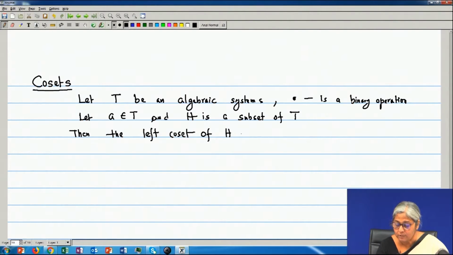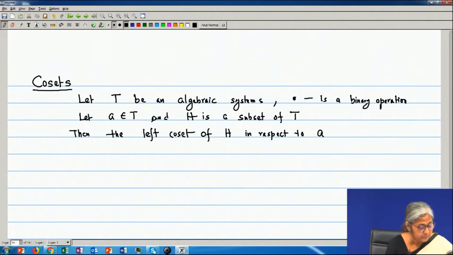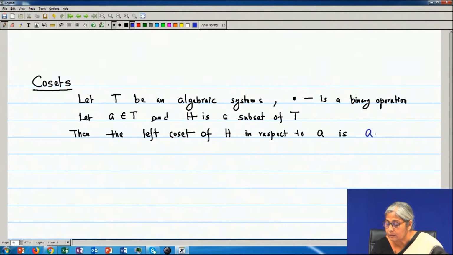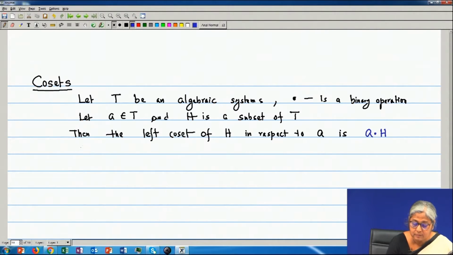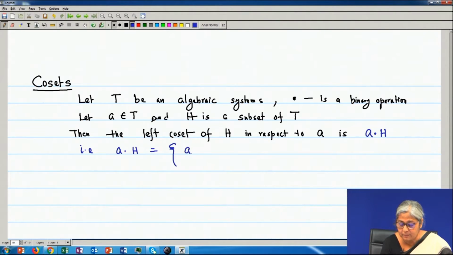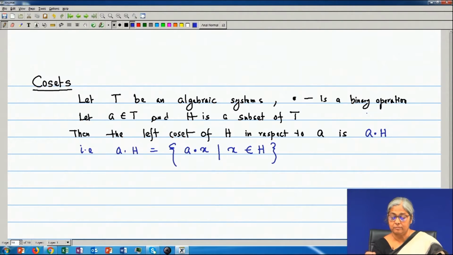Then the left coset of H is defined with respect to one element of T, the original set. So, the left coset of H with respect to A is A dot H. Since H is a subset, I can write A dot H equal to all the elements A dot x, for all x belongs to H, and dot is the binary operation that we have chosen.